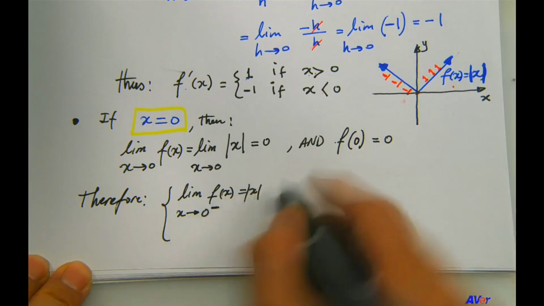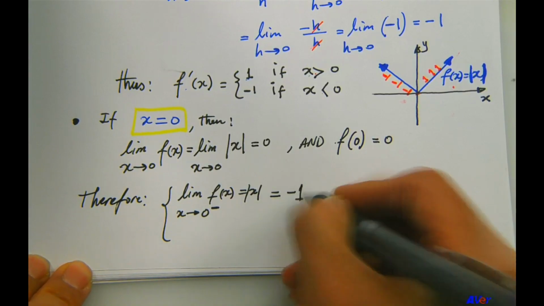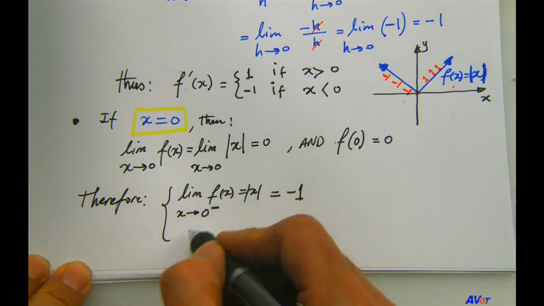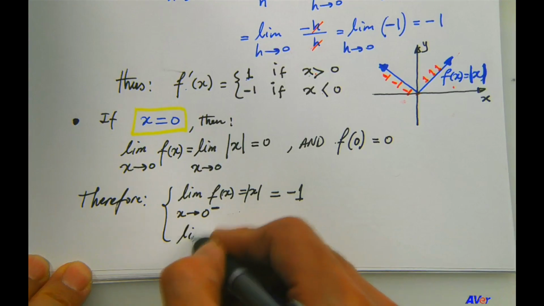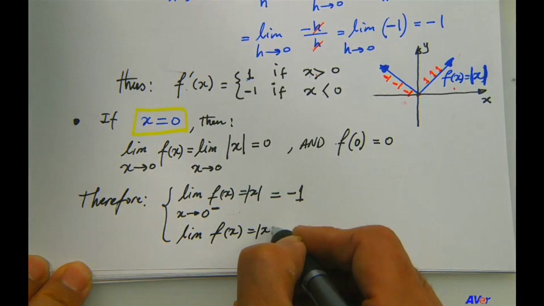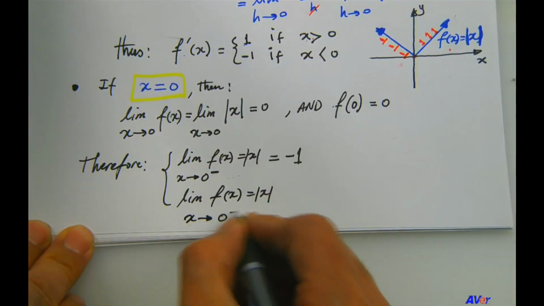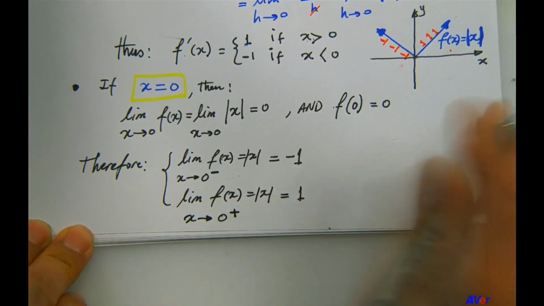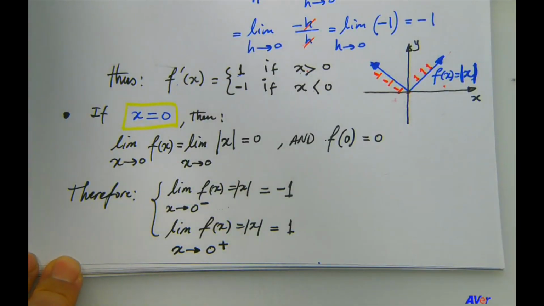And the limit of that absolute value function as x approaches 0 from the right is equal to +1, right? We just did that, and that's the result we got.